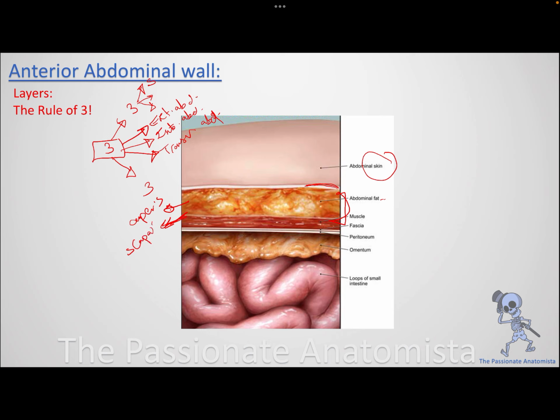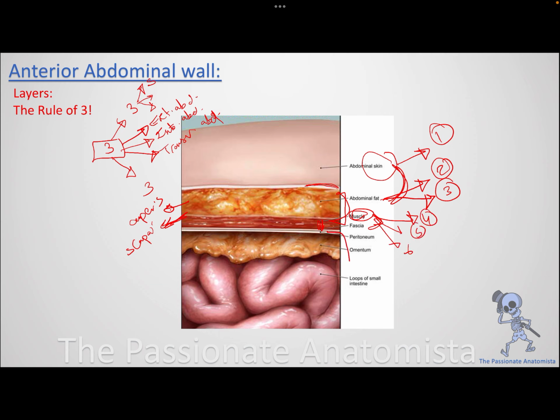So you have skin as number one, then the superficial or subcutaneous fascia with two layers, one fatty and one membranous, and then the three muscles. So this is number 4, 5, and 6.